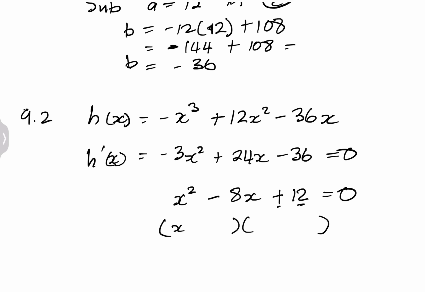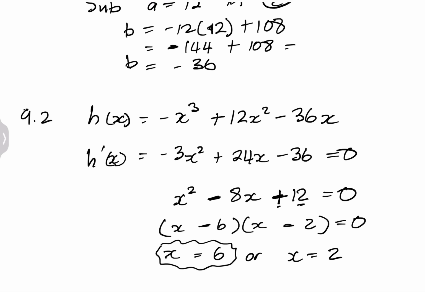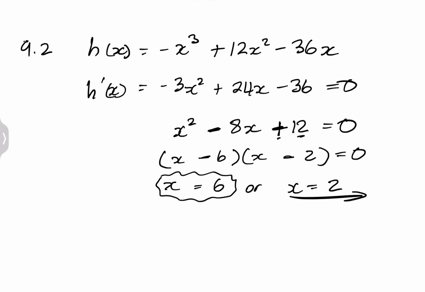Definitely that would be 6 and 2, isn't it? Okay, and by the way, that's a positive sign there, so it tells us that the signs inside the brackets are the same. So which is the sign? It's the sign of the middle term. So that's going to be negative and negative, and so x is equal to 6 or x is equal to 2. Of course, this is not the one that we're looking for. In this case, we're looking for that solution there, right?